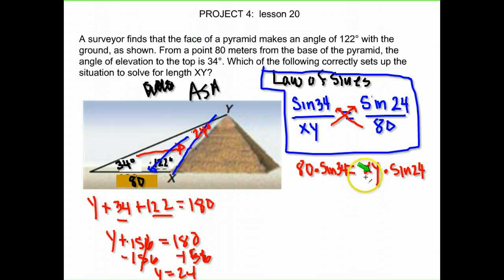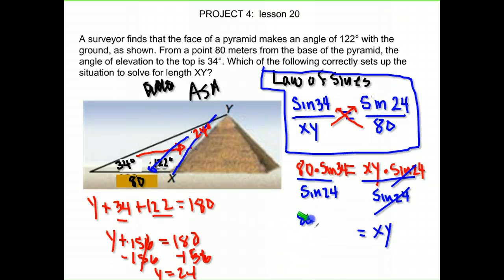Again, I'm solving for xy, and right now it's multiplied by the sine of 24. So to solve that, I'm going to have to divide both sides by the sine of 24. That will get my xy by itself like I wanted, and whatever I do to one side, I have to do the other. So I get 80 times the sine of 34 divided by the sine of 24.